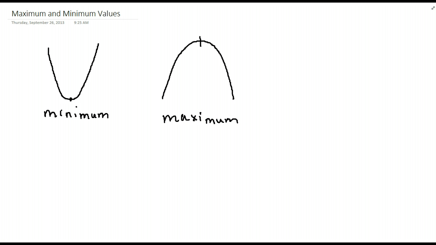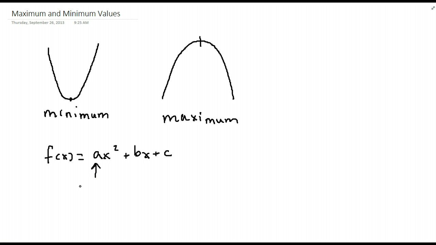So with a minimum, we have a low value, then it goes back up, and with a maximum, we have a high value, and then it goes back down. And the way we can determine that is if we have a function, f of x equals ax squared plus bx plus c, we look at our a value.